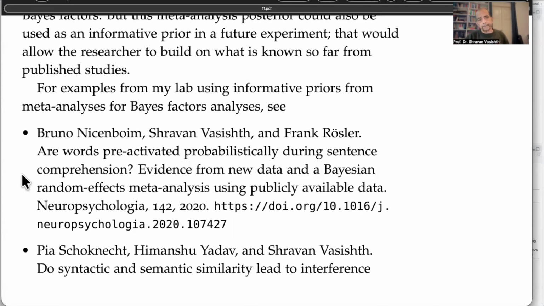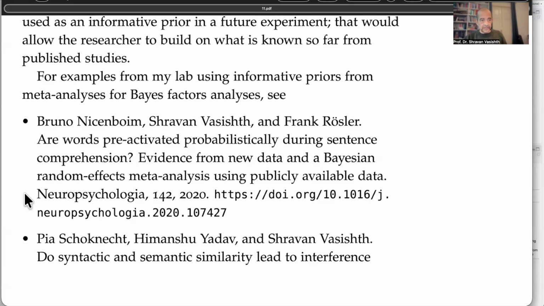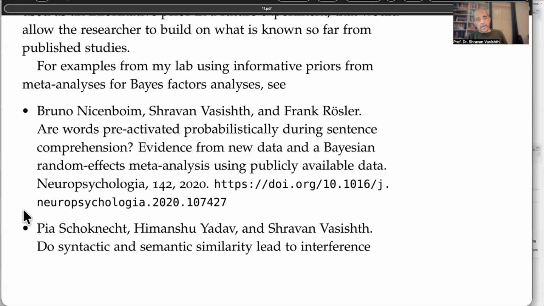But there was a very, very angry exchange between researchers about the existence or non-existence of certain effects in sentence processing, and it got very acrimonious. But you could just objectively build up your knowledge about what we've learned from the new data given the prior data. So that's a good demonstration of how this works.